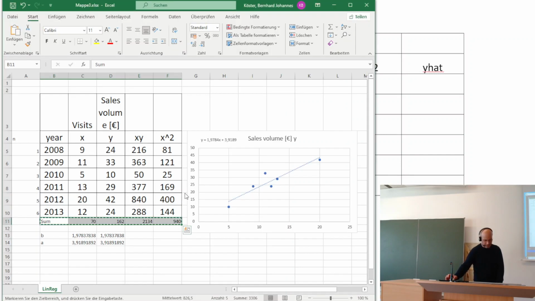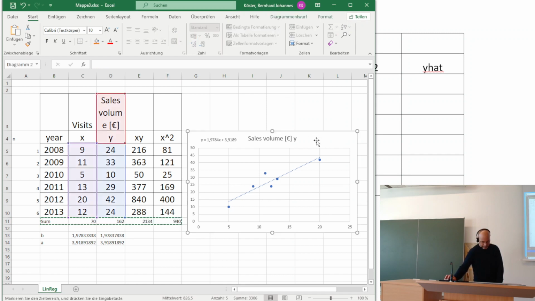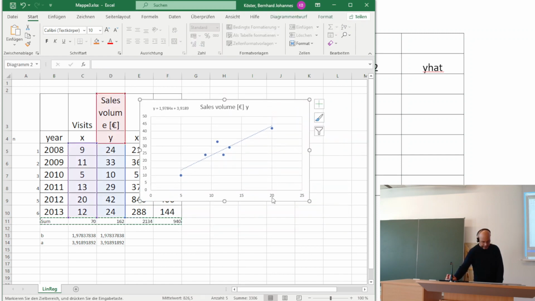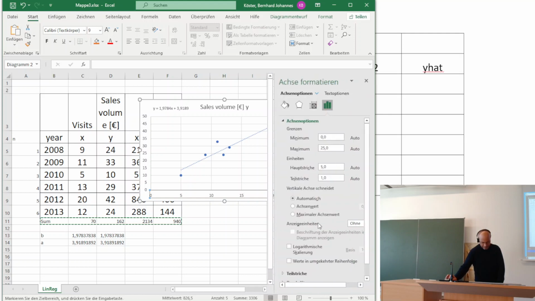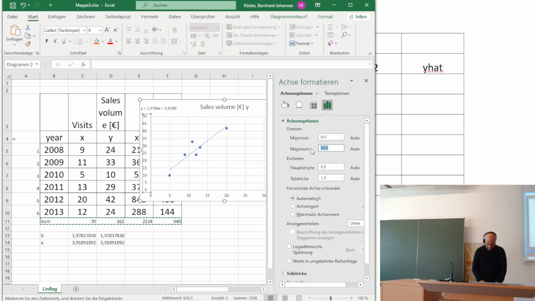So then I will increase the horizontal line going to, let's say, 40. And then we have also to increase this. Let's take 100.